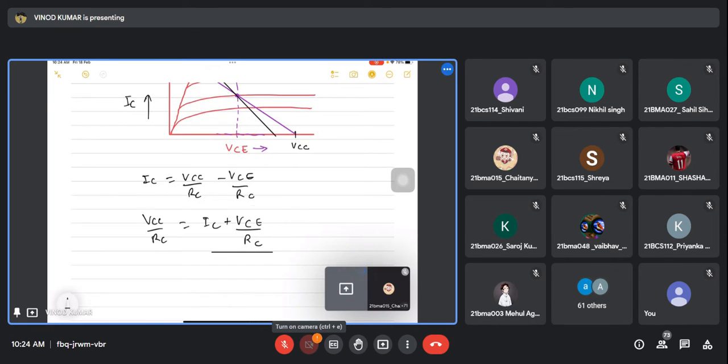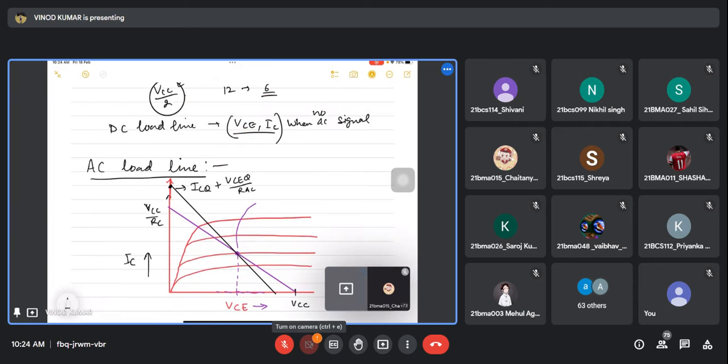Reason being, we are interested in these 2 points, because IC and VCE give the operating points. And when we talk about AC signals, we have to vary it in this range. And this point is nothing but VCEQ. So Q is for quiescent point, or operating point.